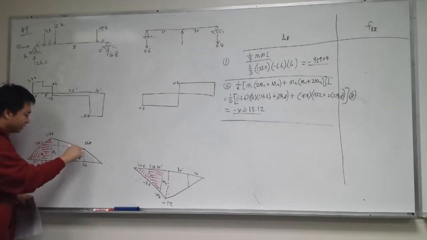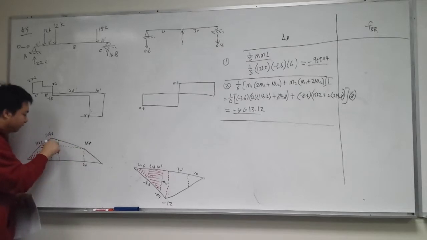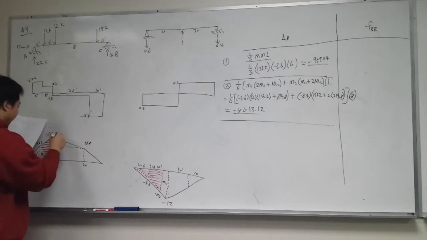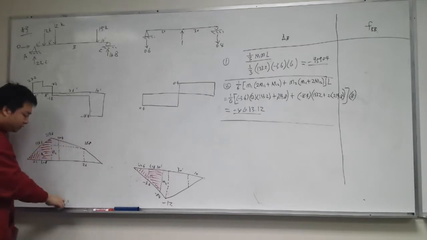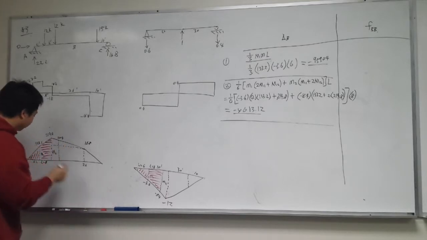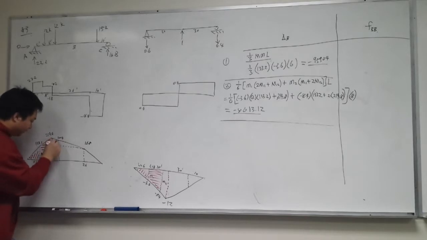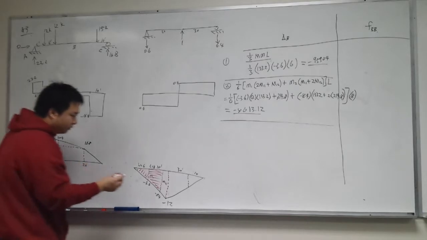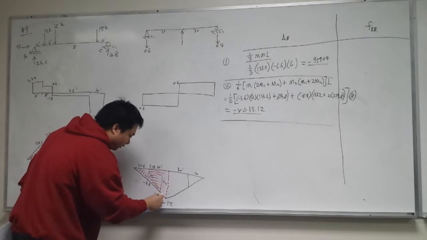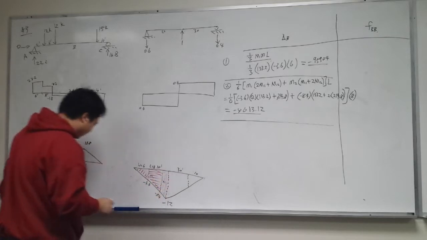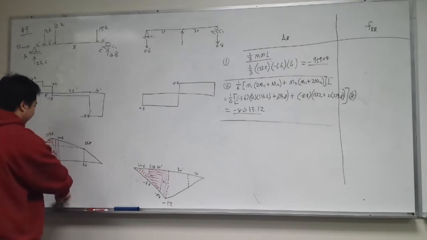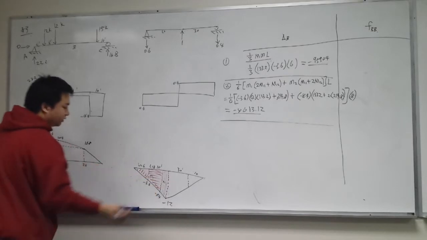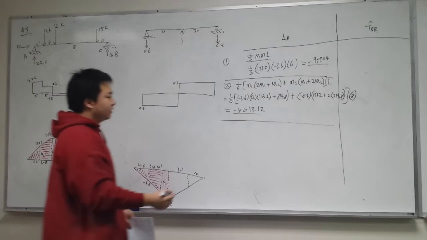So this over this is equal to this over this. If you do that, you're going to find this point equal to 204. So right now, you have to use this trapezoid and this trapezoid. Because it's trapezoid and trapezoid, the equation is not going to change.